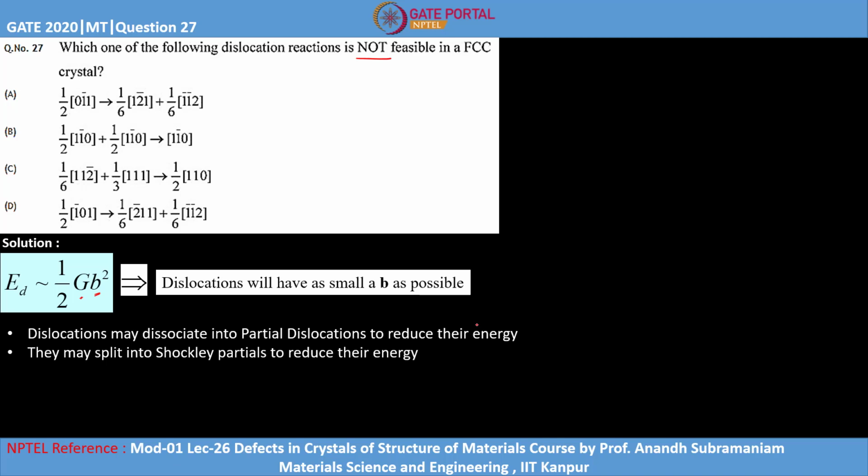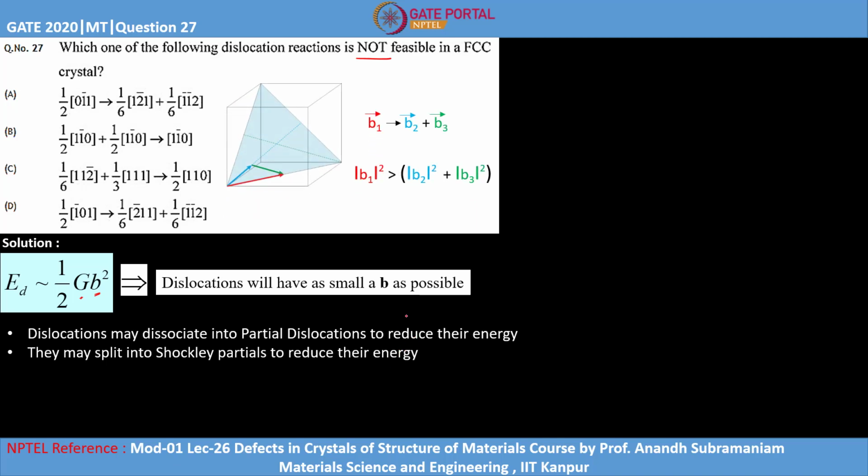But if you see the energy balance, the energy will be reduced after the splitting. They may also split into Shockley partials. So the split dislocations will be known as Shockley partials, and by doing so they basically reduce their strain energy, right?